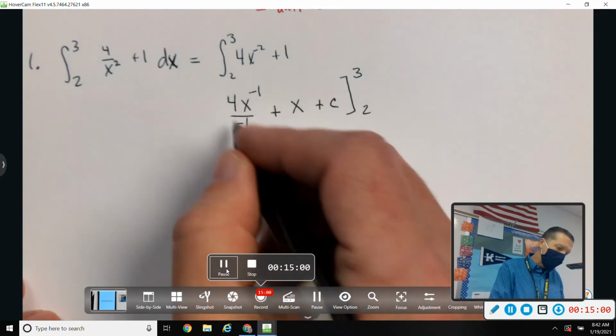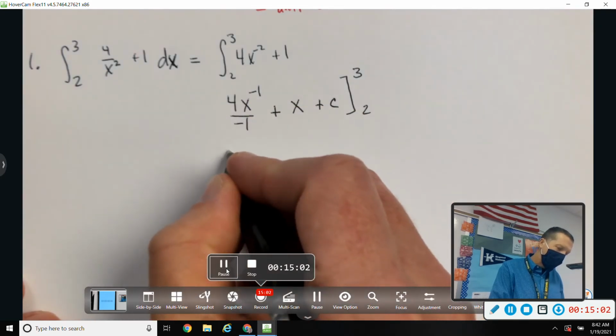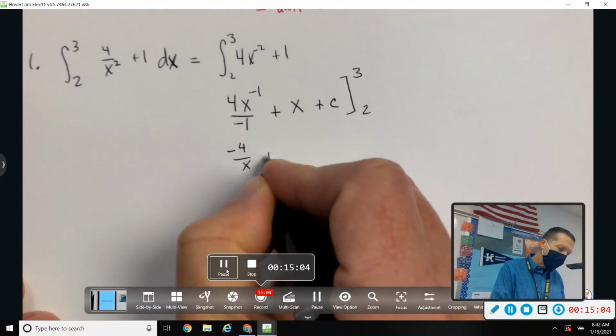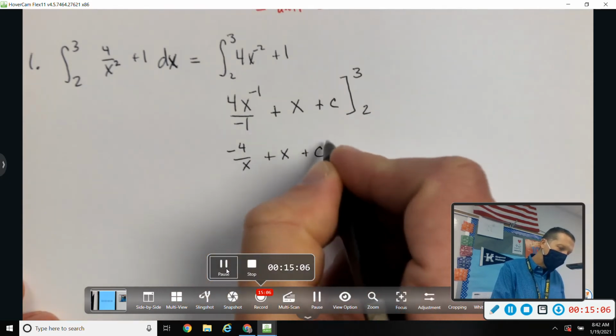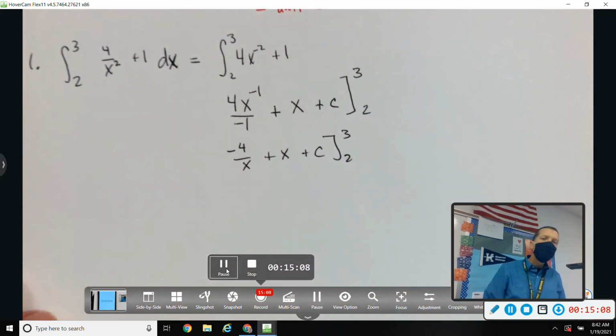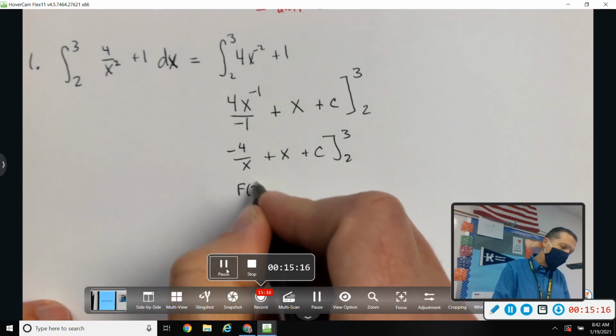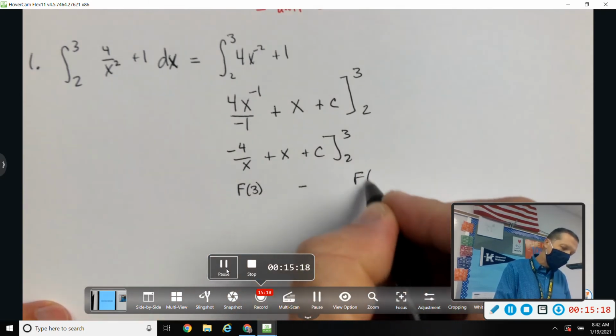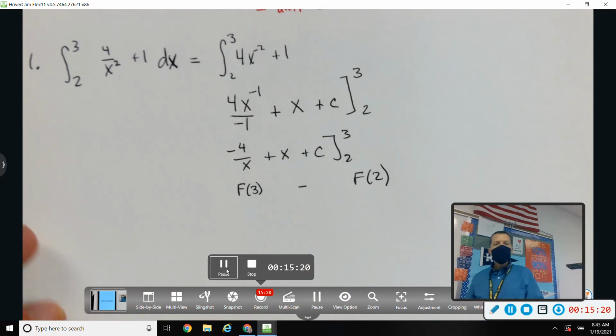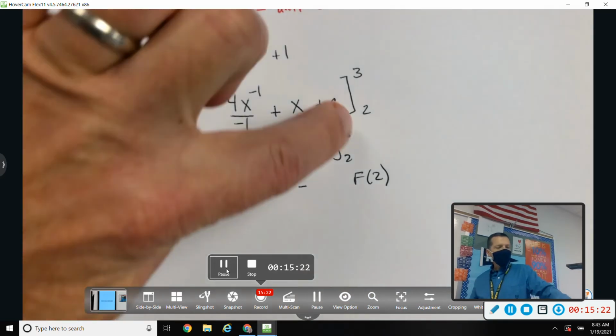Clean this up. That would be negative 4 over x plus c from 2 to 3. So we want to evaluate it at 3 minus evaluate it at 2. Evaluate our antiderivative at 3 minus evaluate it at 2.